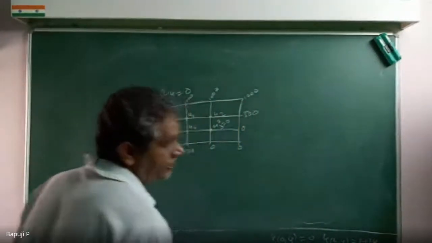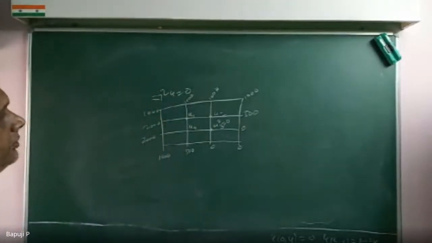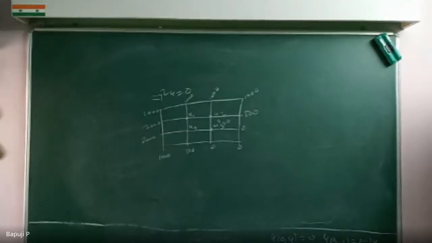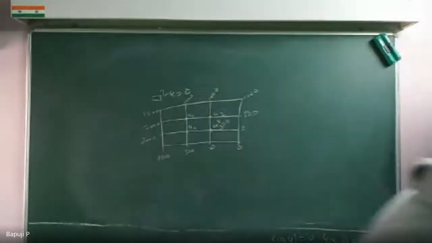Once I assume that, can I get U1 of 0 using the diagonal 5-point formula? 1000 plus 0, 1000 plus 2000. Am I correct or not? Yes, sir. Then U2 is what?